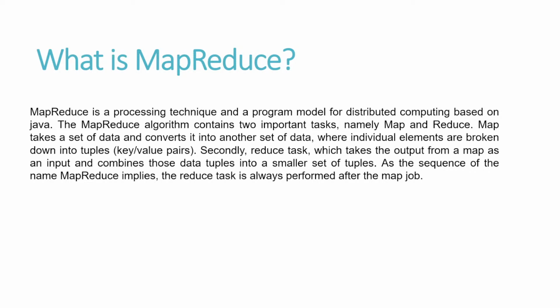After that, we get a tuple out of it. There is a key value pair, for example something comma something. Those key value pairs are used to get into the reduce task, where we combine data into a smaller set.